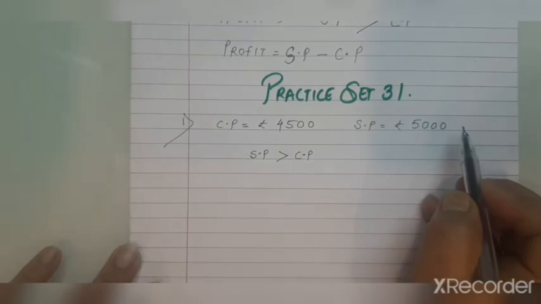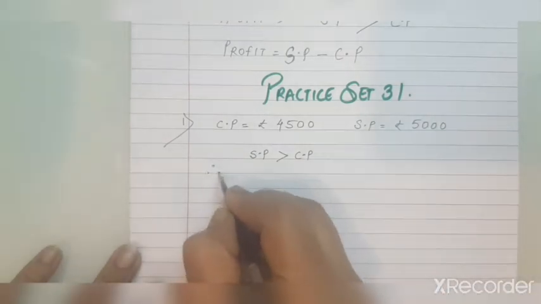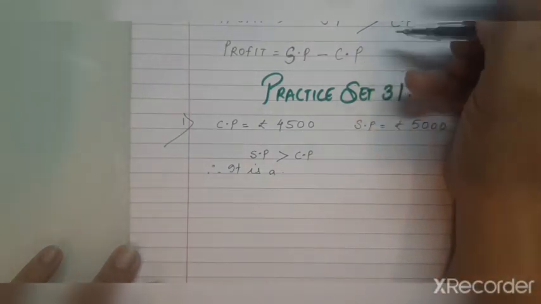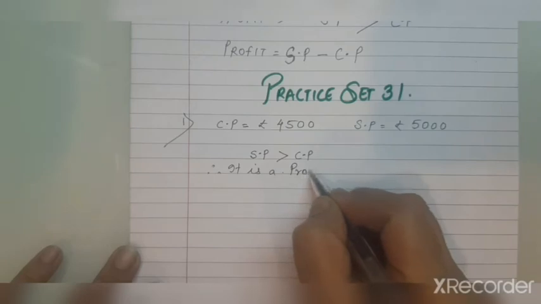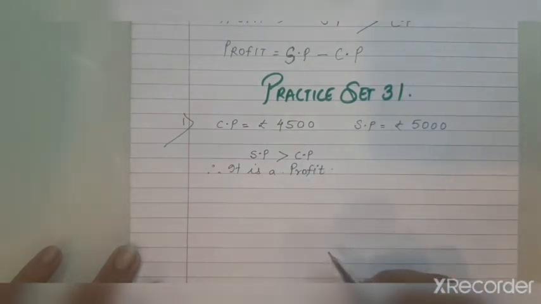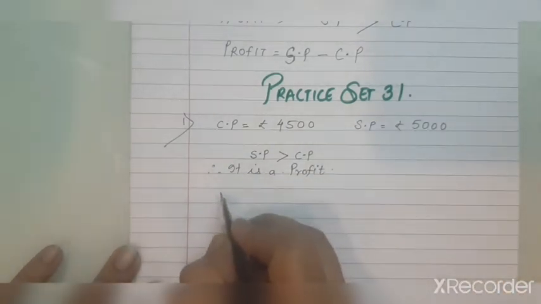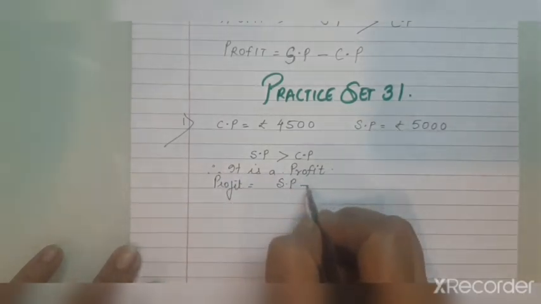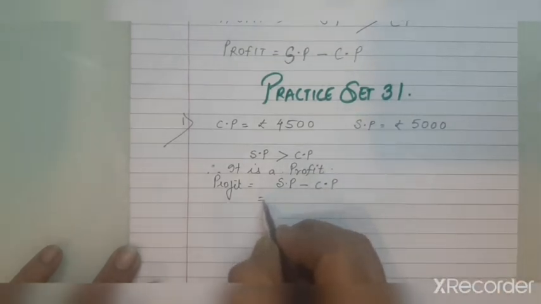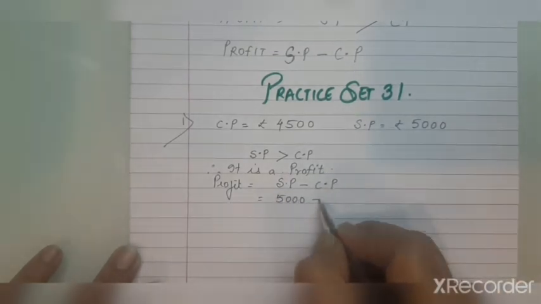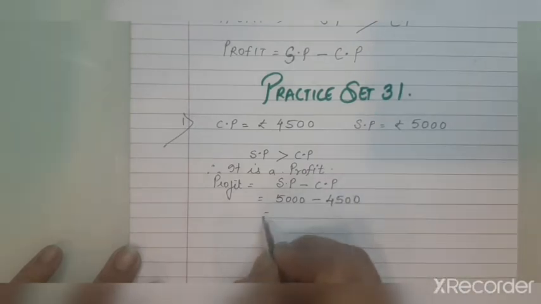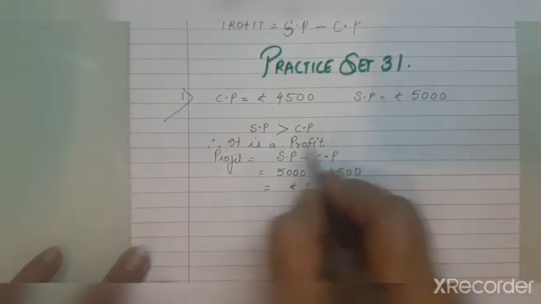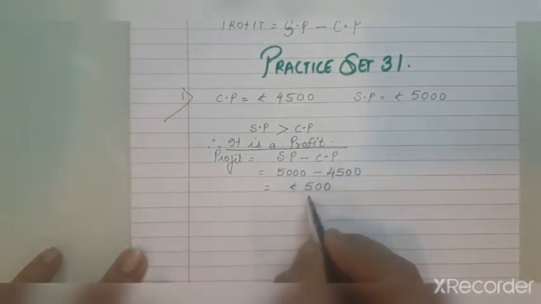Selling price is greater than the cost price, therefore it is a profit, which you can check at the top also. Now if it is a profit, how much? Profit is equal to selling price minus cost price, which is equal to 5,000 minus 4,500, which is equal to rupees 500. So we have this first answer: it is a profit, and how much? 500.